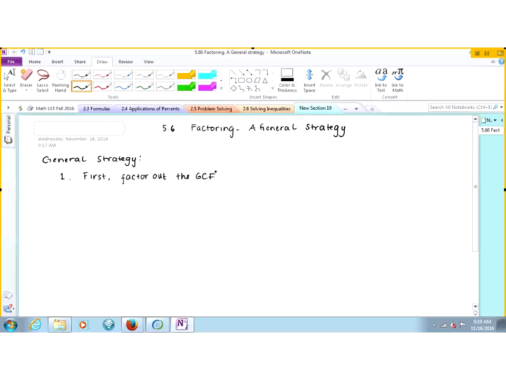The second one is what happens if you have a binomial. So if we have a binomial, then we have three formulas, right? So suppose I have a squared minus b squared. How do I factor a squared minus b squared?